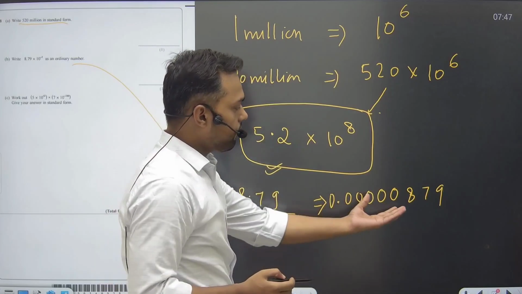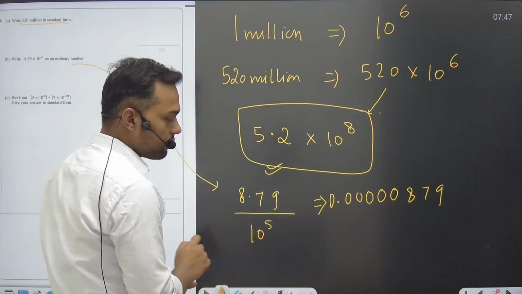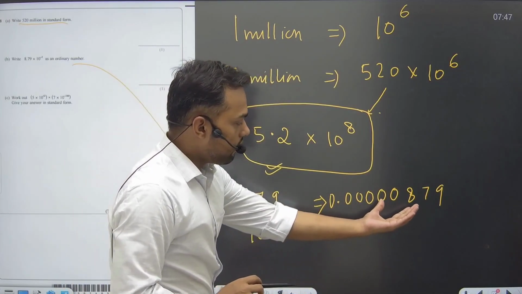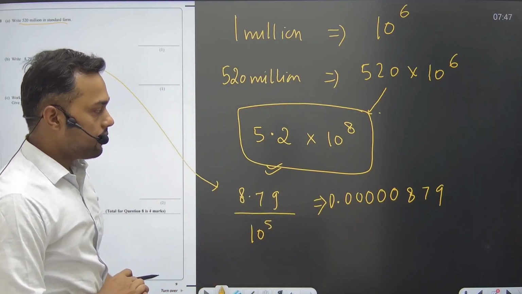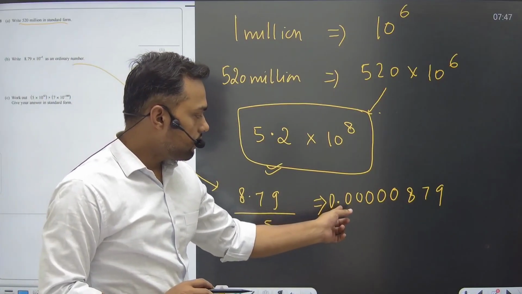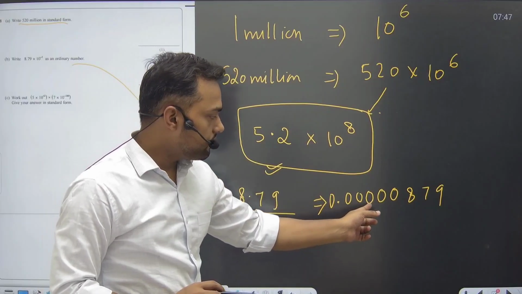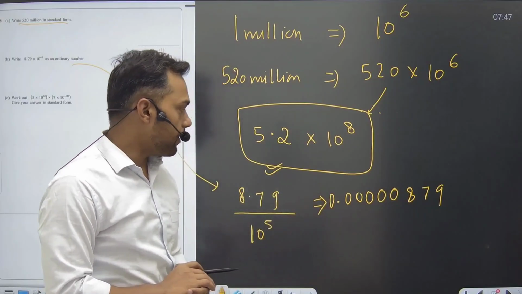You just need to fix that many zeros which is written on the denominator side, and then you need to put the decimal point here. That will be equal to 0.0000879.